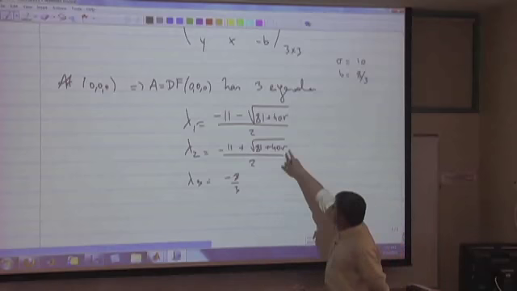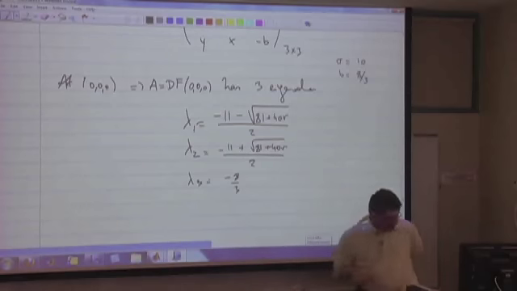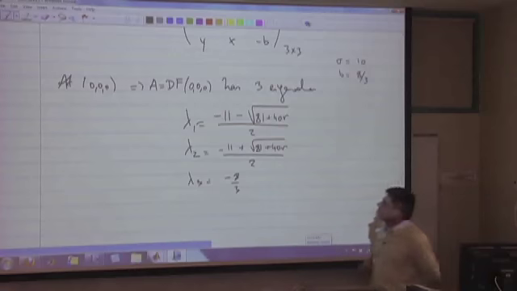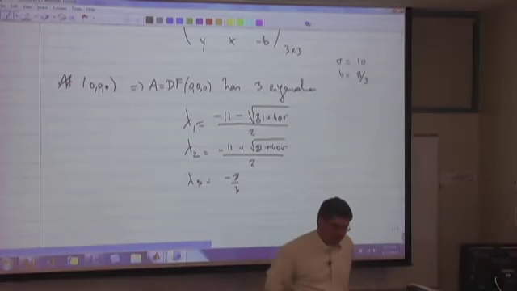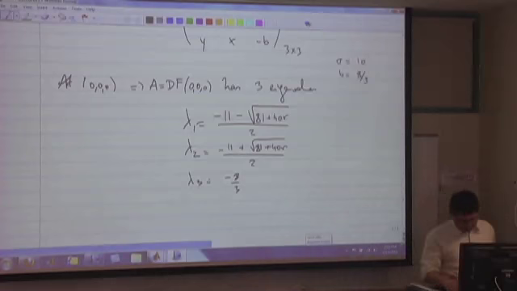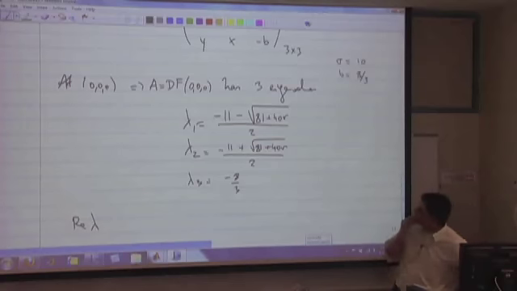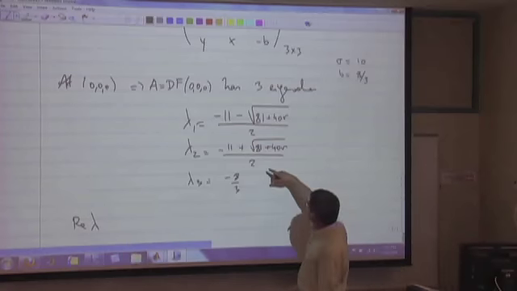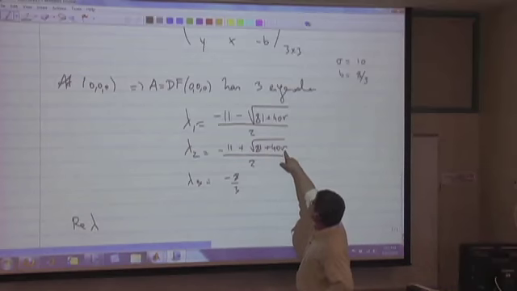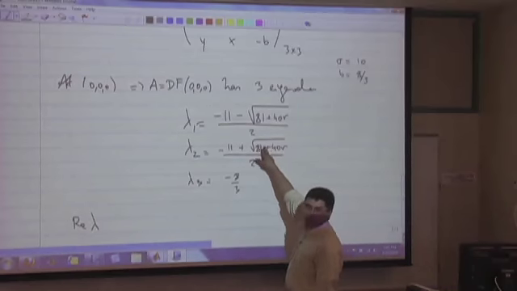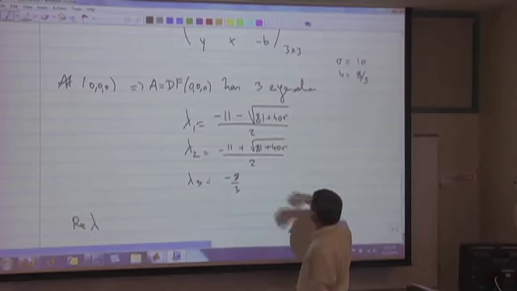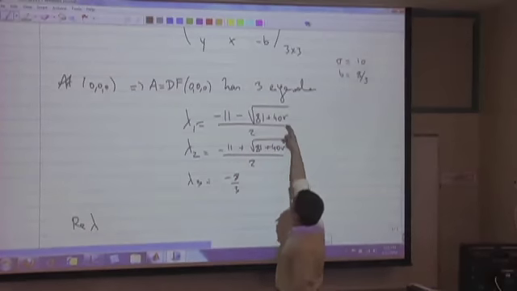Okay, so what do we look at when we compute the eigenvalues for this Jacobian matrix? We look at whether the real part is positive or negative, right? So let's see. Well, certainly, if r is a positive number, this is real, right? And this is negative.